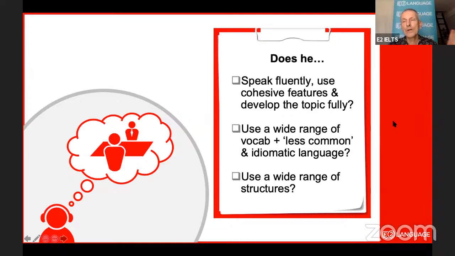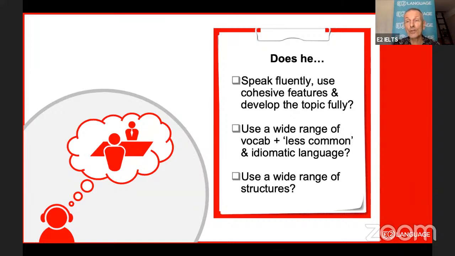First, we need the candidate to get a good mark, 7+, to speak fluently, to use linking words, cohesive features. These are words and phrases which join together and indicate what we're going to say or refer back to what we've just said, all right?